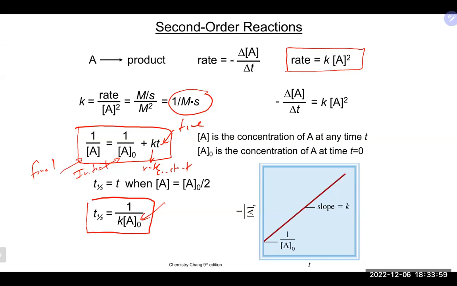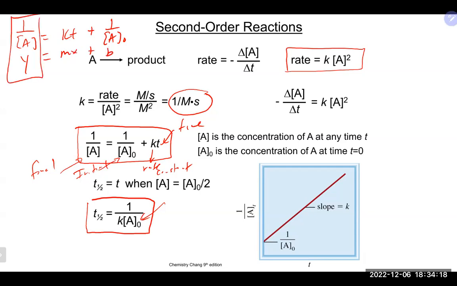We also could rearrange this and solve it as a straight line relationship, and it is this, where y is equal to mx plus b.